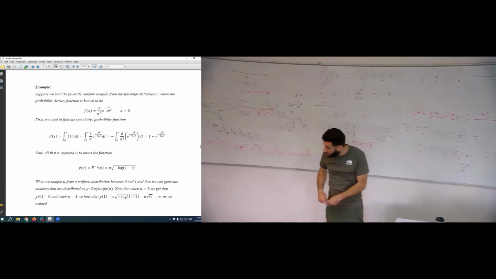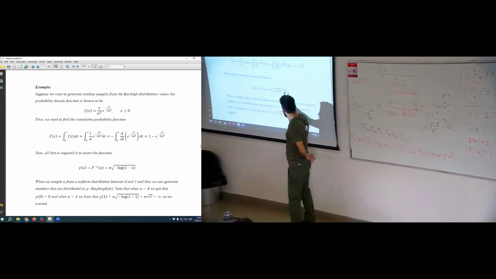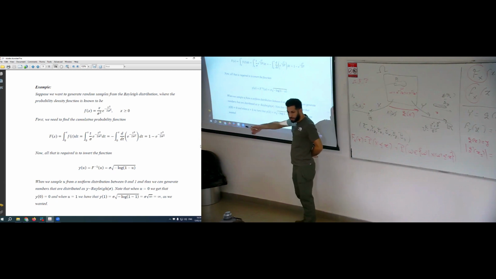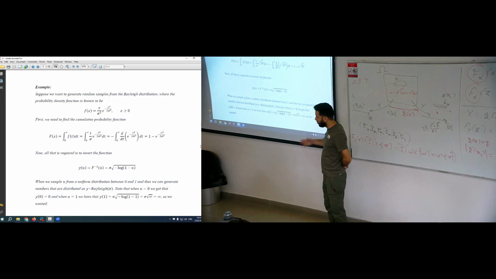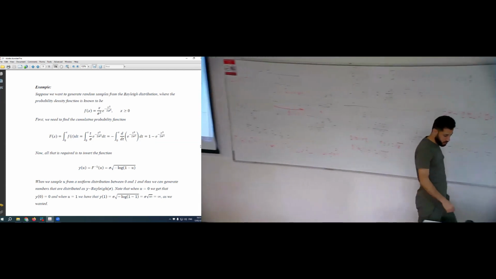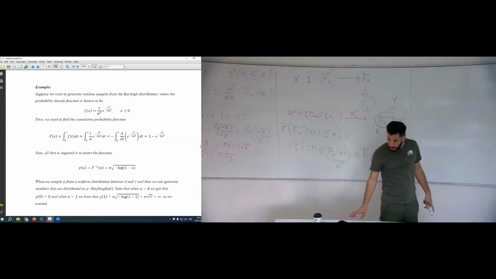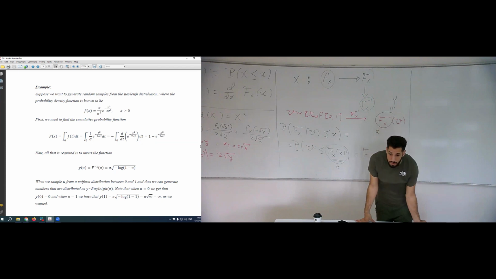What is u again? U is the produced number, which is uniformly distributed between 0 and 1. And we apply on that number F minus 1. Question? How do we get u? You produce it from the computer.